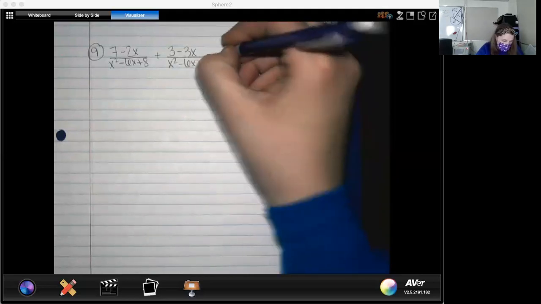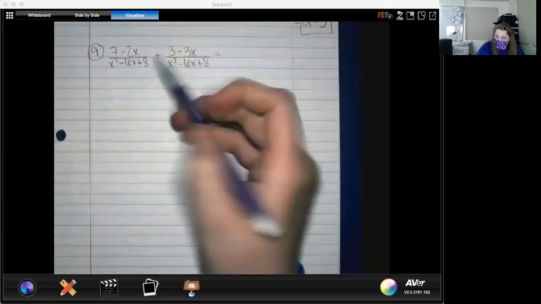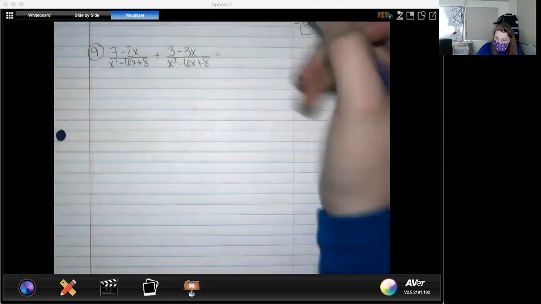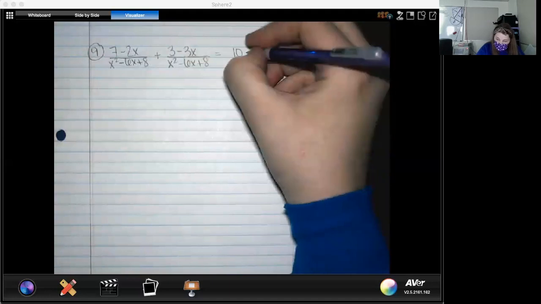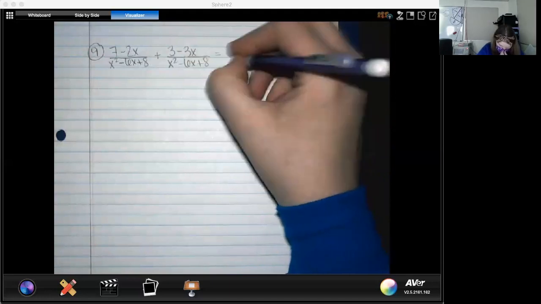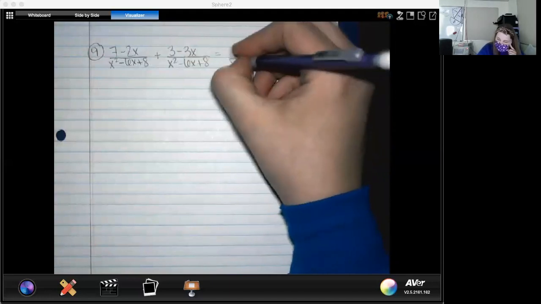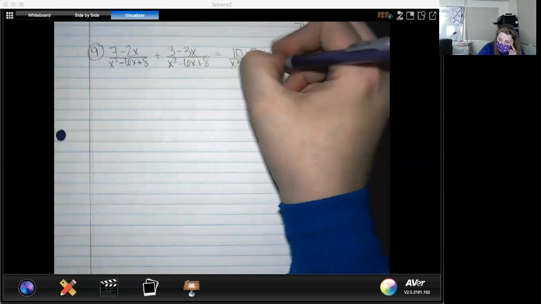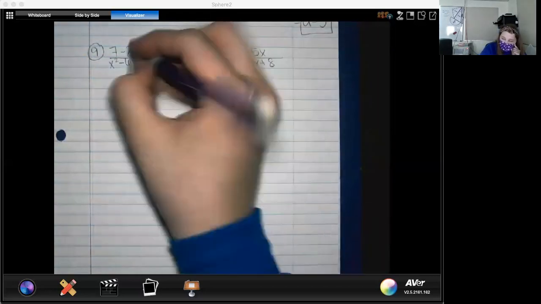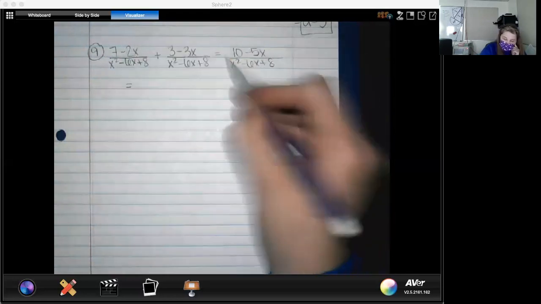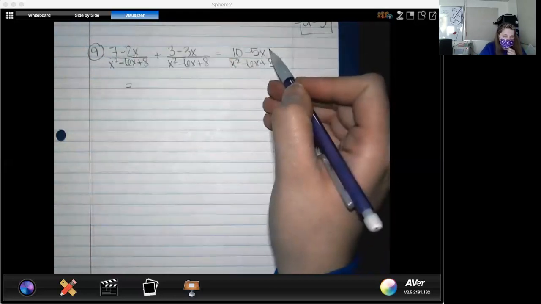So in the numerator, we have 7 plus 3, which is 10, and negative 2x plus negative 3, which is negative 5x. In order to simplify, we've got to factor the top and bottom. So in the top, we can factor out a negative 5.